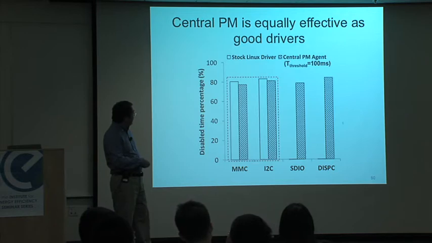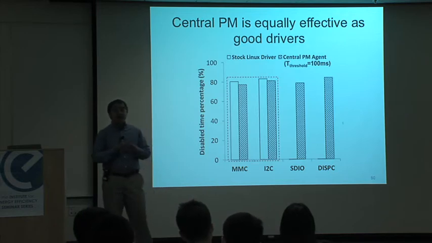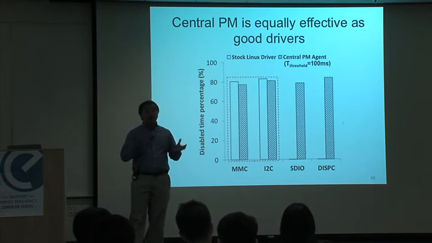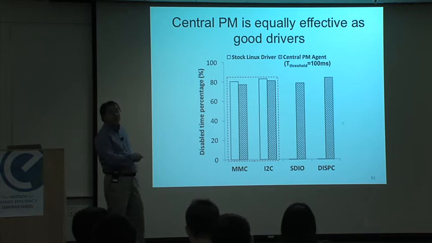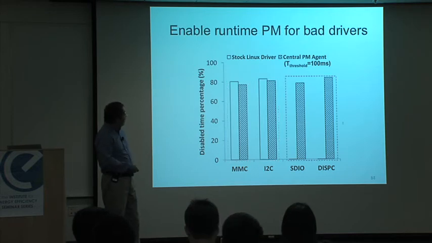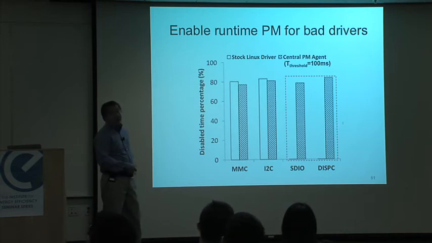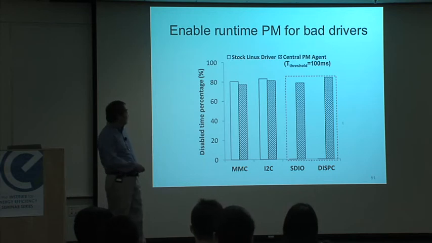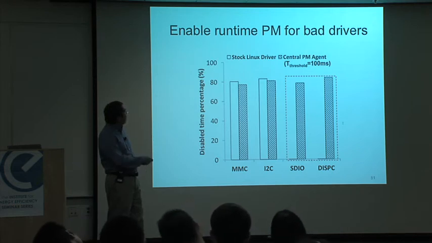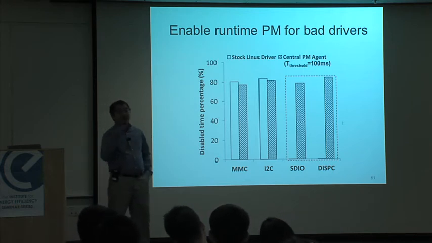In the MMC and I2C controller case, the device driver actually does runtime power management correctly, and you can see what we achieved is very close. The percentage of time the module spent in disabled mode is very close. We're using a period of 100 milliseconds. And for SDIO and the display controller, the stock Linux drivers don't have any power management code, so the module is always on, and they save nothing. In our case, we can save about 80%. 80% of the time, this module will be put in sleep.